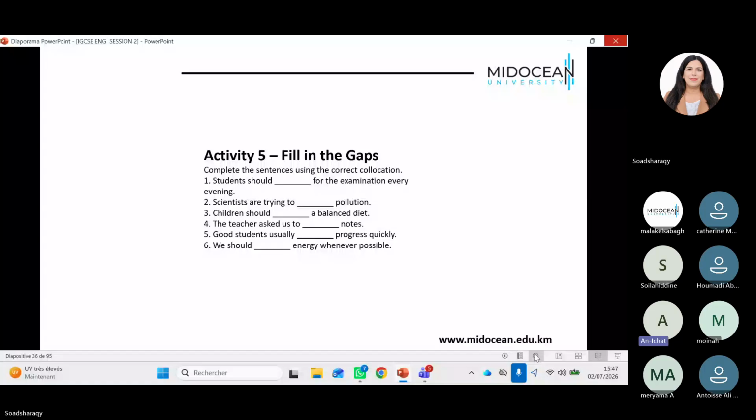Number 1, students should revise for the examination every evening. Two, scientists are trying to reduce pollution. Three, children should keep a balanced diet. Four, the teacher asked us to take notes.